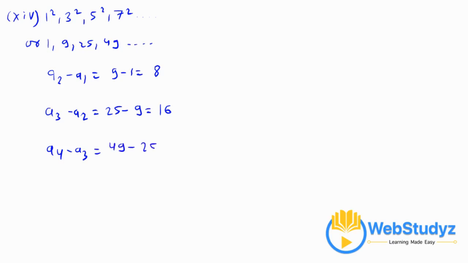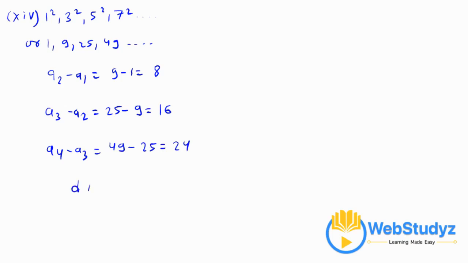So let's calculate the common difference, which is A2 minus A1, which will be 9 minus 1, which will be 8, and A3 minus A2 will be 25 minus 9, which is equal to 16, and again calculating A4 minus A3, which will be 49 minus 25, which will be 24.